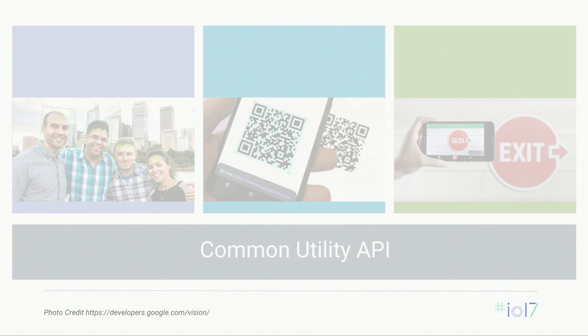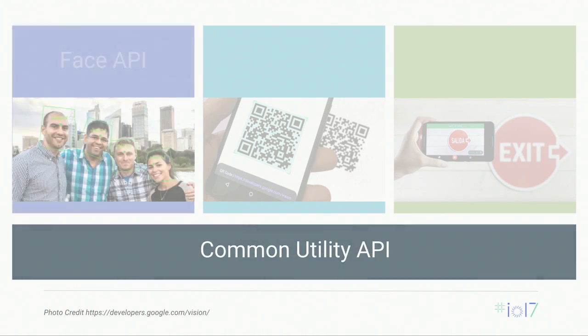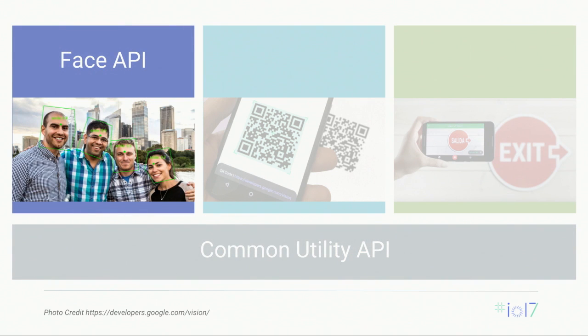The Mobile Vision API consists of 4 major components: the Common Utility API and 3 Specialized Detection APIs. The Common Utility API provides infrastructure and building blocks that help you construct a streaming pipeline. The Face API detects faces.